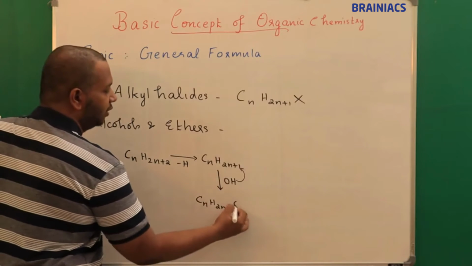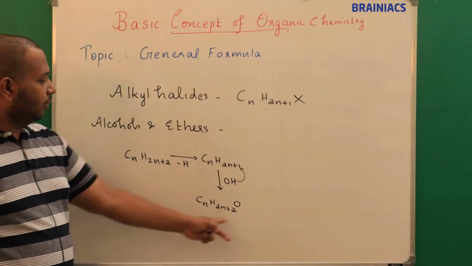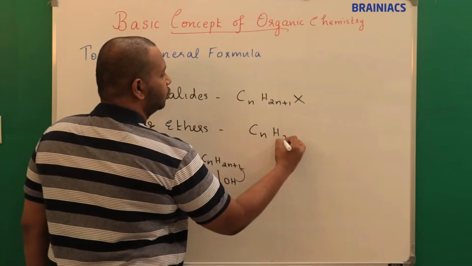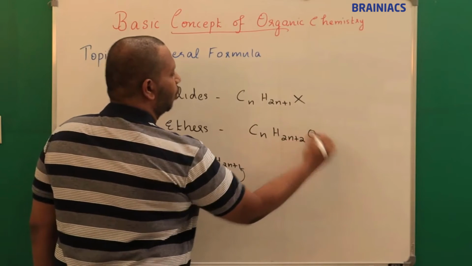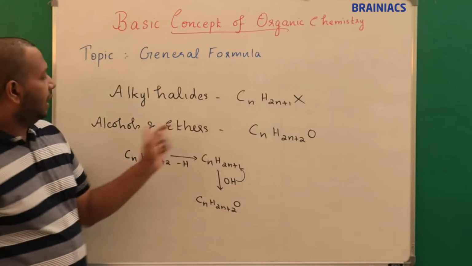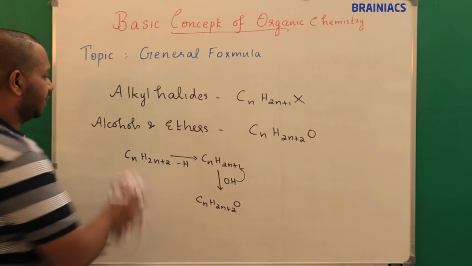Plus 2 and O. So I got the formula as CnH2n plus 2 O. This will be the general formula for alcohols as well as ethers. If you want to check for ethers, you can take an example and check it.